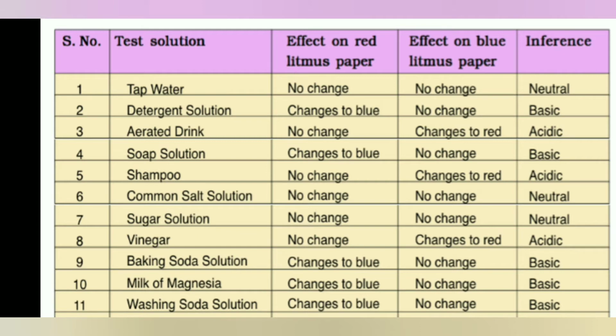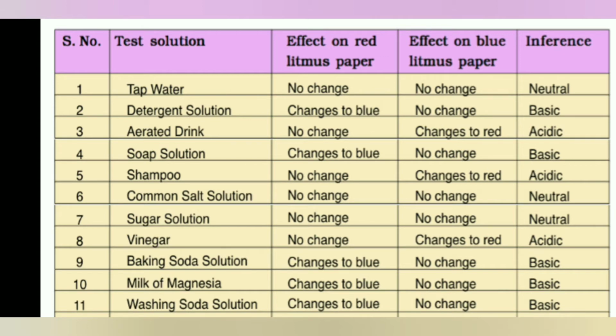Then aerated drinks such as cool drinks are acidic, that is they change the blue litmus paper to red. Then soap solution, what happens? Red litmus paper changes to blue, so it is basic.